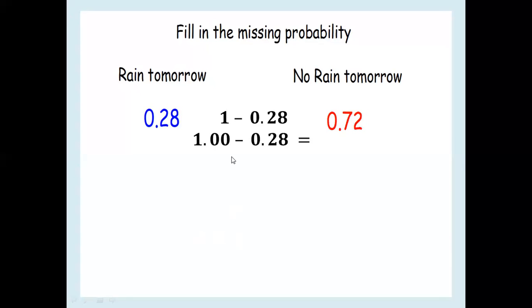Excellent. Look, because it's 1 whole minus 0.28. So that 1 whole as a decimal means 1.00 minus 0.28. You put them under each other and you subtract them, you will get 0.72.